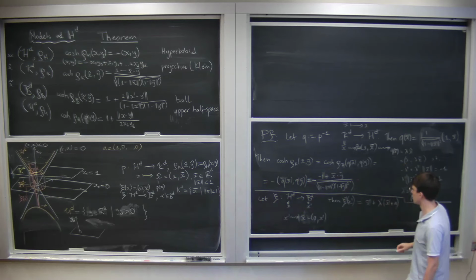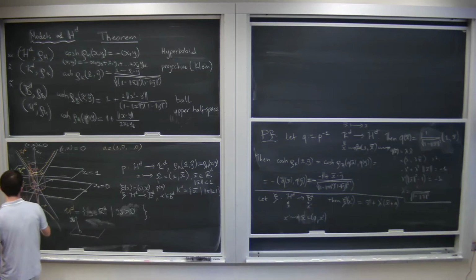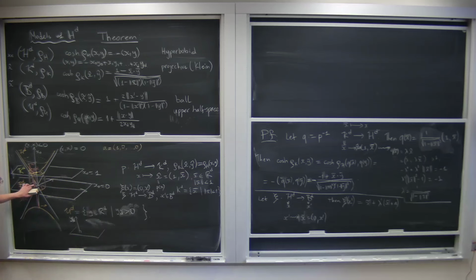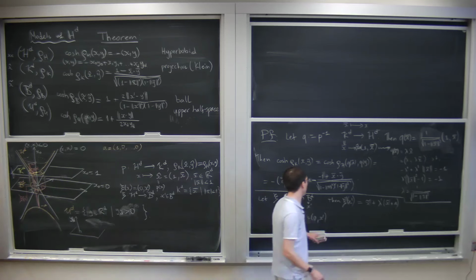Yeah, is it correct? So let's look at the picture. I'm starting from the point x prime. Okay, this is my point x tilde, right? Over here. So x tilde is over here.